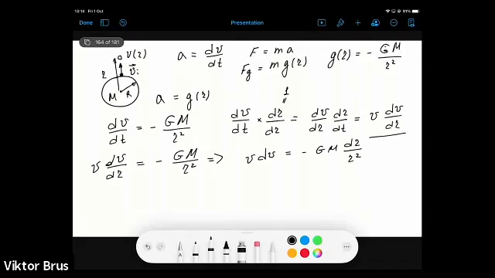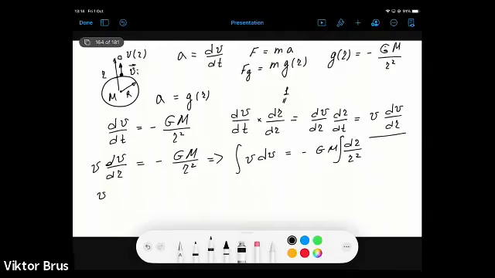So now we have this simple differential equation. We need to integrate it in order to solve this equation. GM goes out from the integral because these are constants, they don't change with distance. Okay, so let's integrate and see what we get.